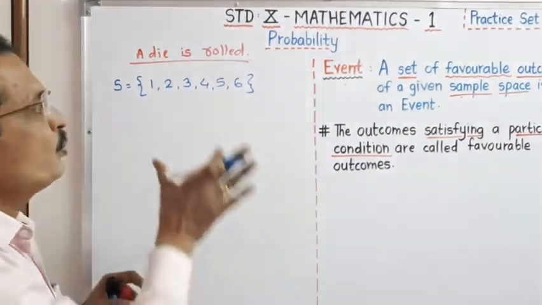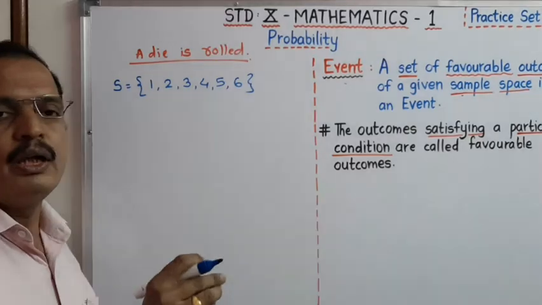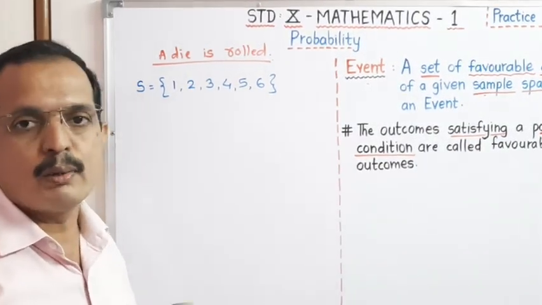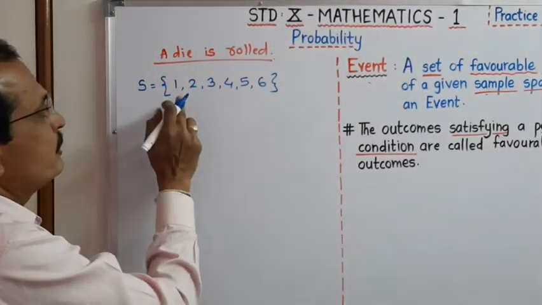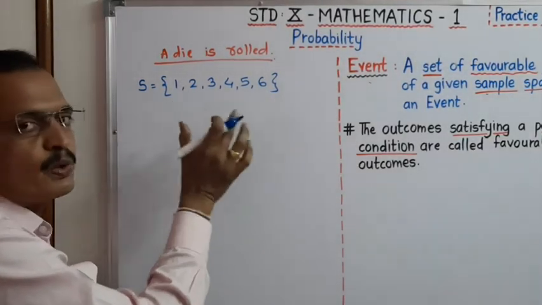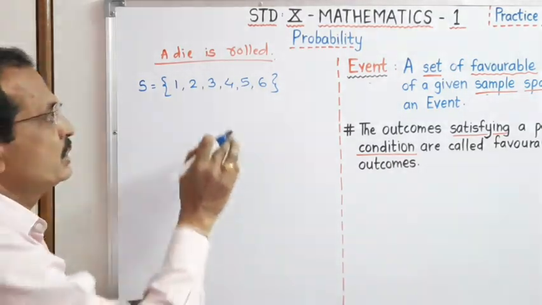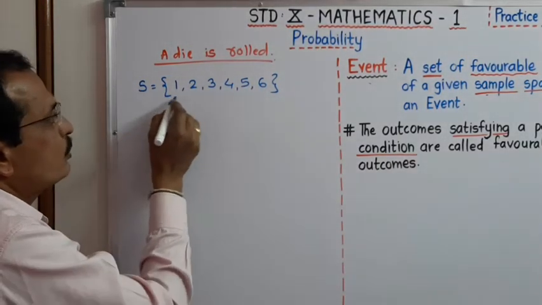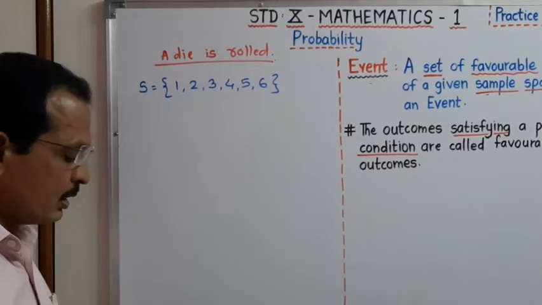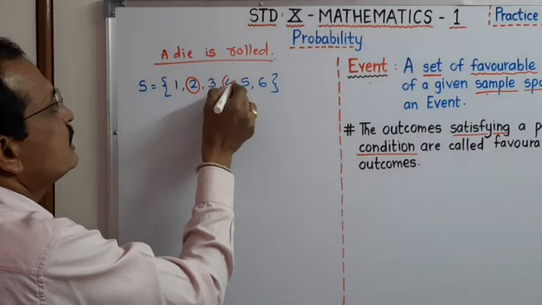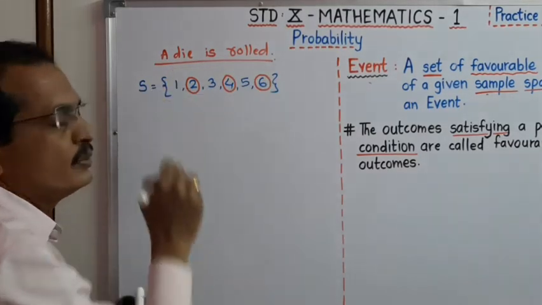The condition is that I want an even number on the upper surface. Now tell me, which outcomes follow this condition? Here 2 is an even number, 4 is an even number, and 6 is an even number.